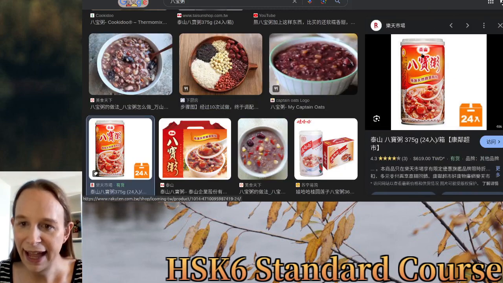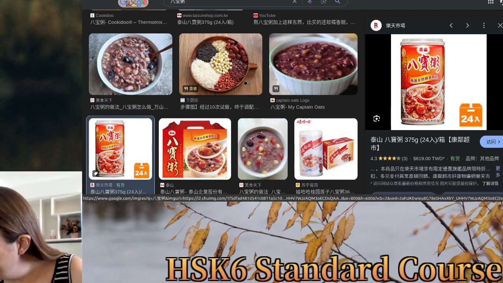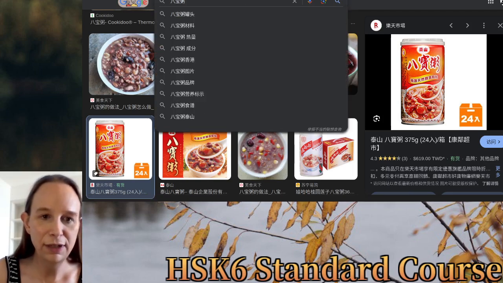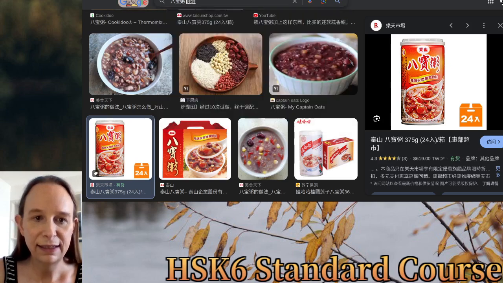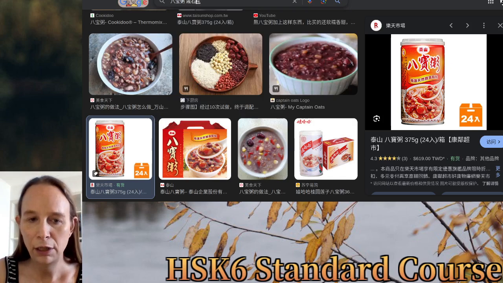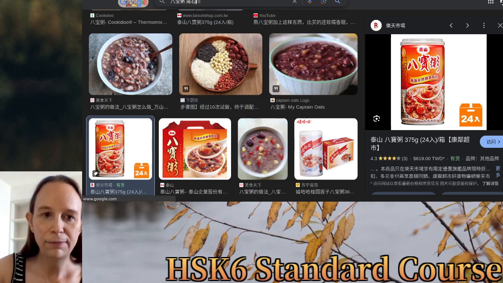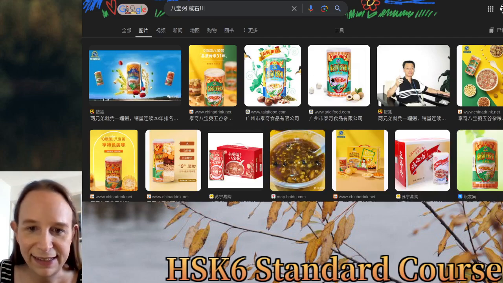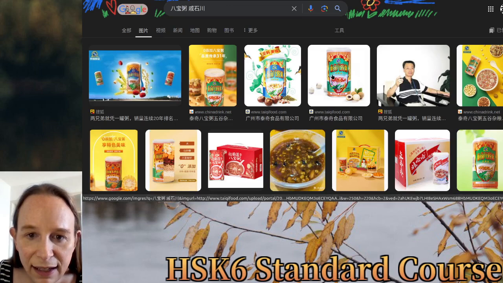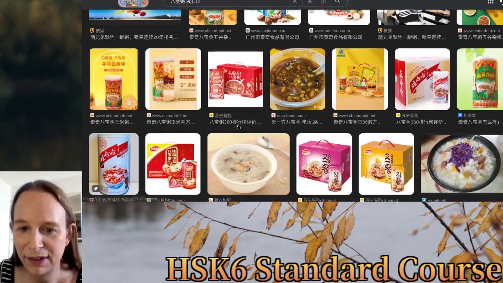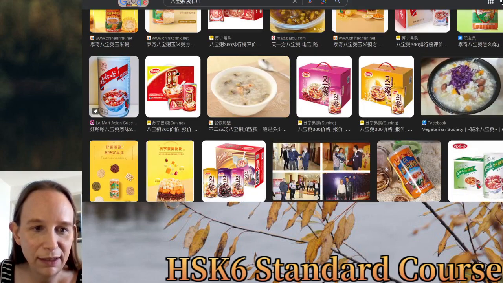Is that the one? 泰山. What was the brand name? 亲戚的戚，亲是川，戚是川，亲戚的戚，石头的石，四川的川。All right, so this is it, is it? Where is the name though? I don't see the brand name.